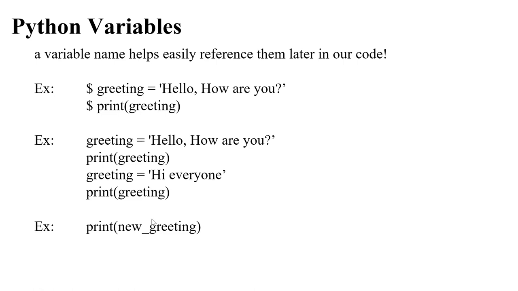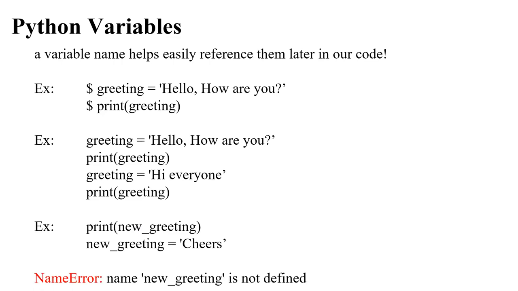In the Python interpreter's memory, it doesn't know about this variable, right? You're directly calling it, but it is not yet defined. Without defining, if you call it, it is going to throw an error: name new_greeting is not defined.